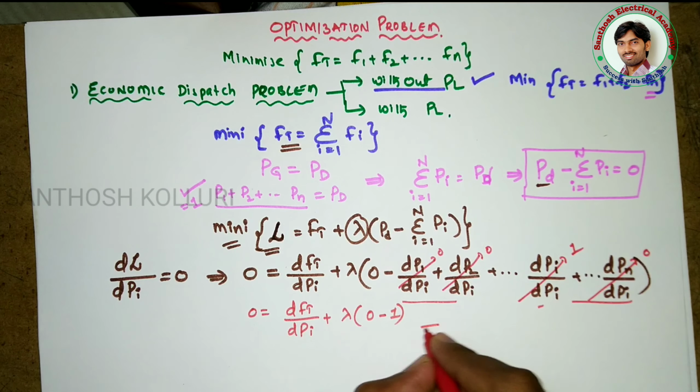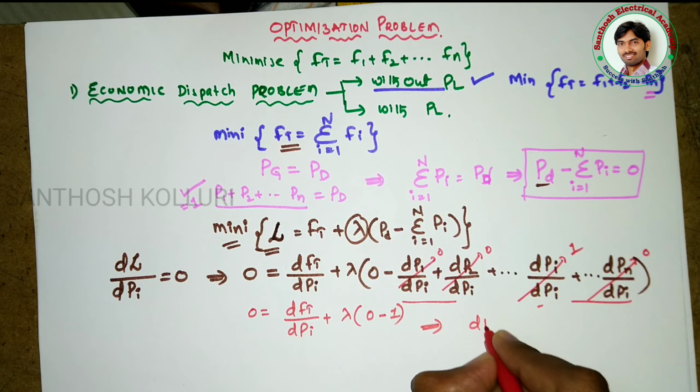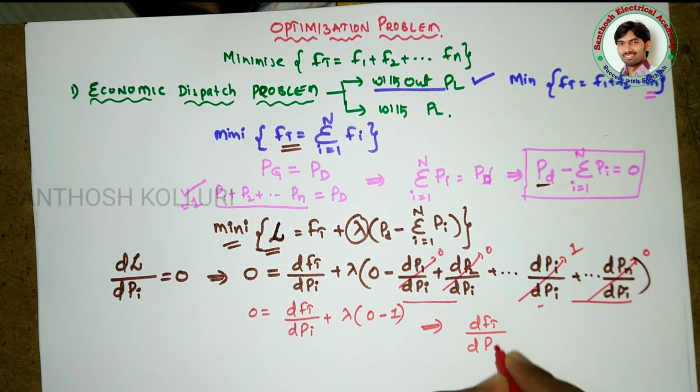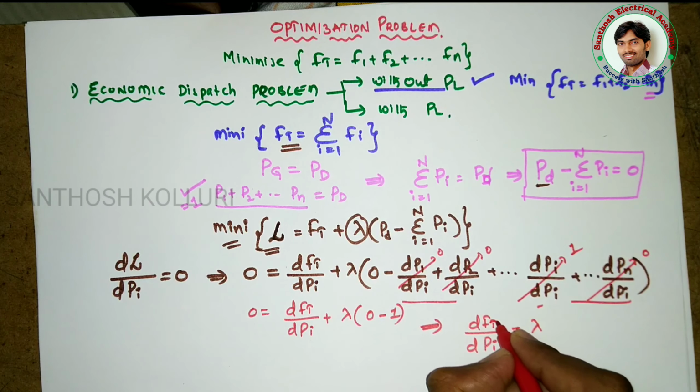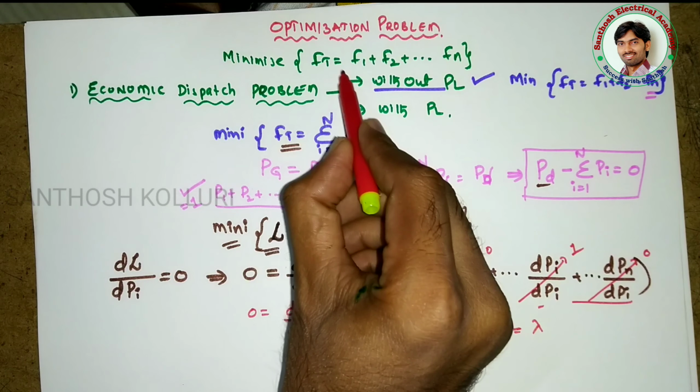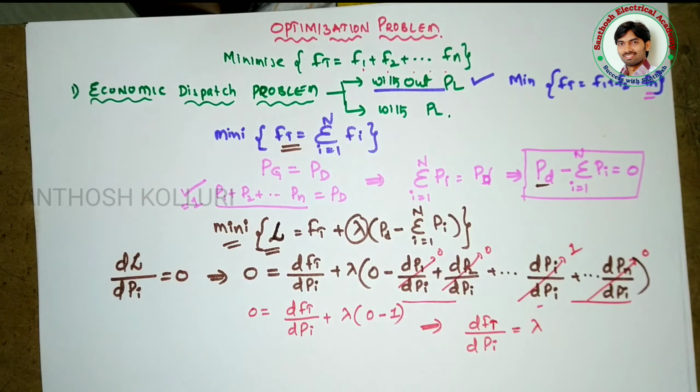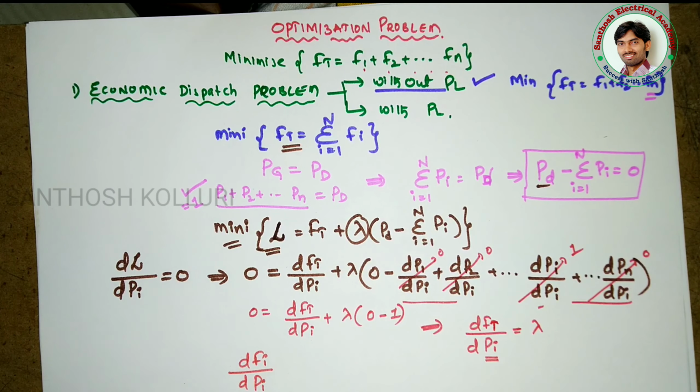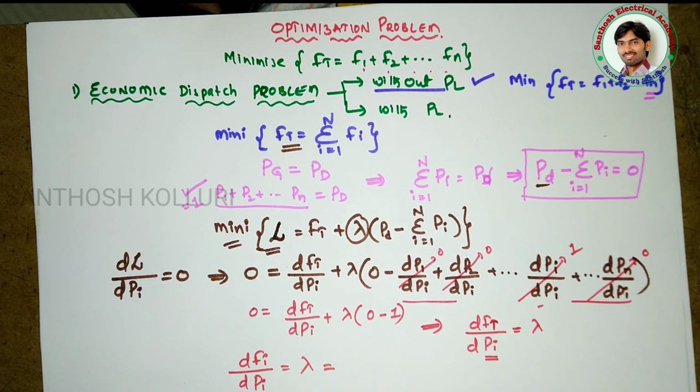So I can write directly dFt by dPi is equal to lambda. Ft runs from 1 to n. If you differentiate with respect to Pi, you get dFi by dPi, and all the remaining terms become zero, and this is equal to lambda. What do you call dFi by dPi?